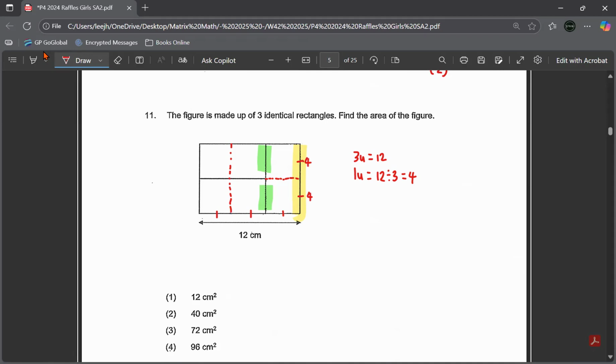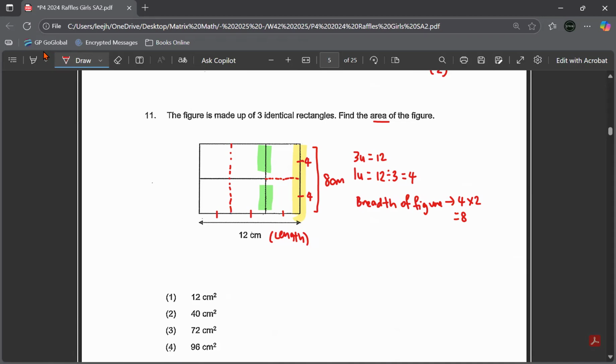This is also 4. I want to find the area of the figure. There's no need to find 1 rectangle, then 3 rectangles. You know the length is 12. This is the length of the figure, but we can find the breadth of the figure. Breadth of figure is 4 times 2 equal to 8 cm.